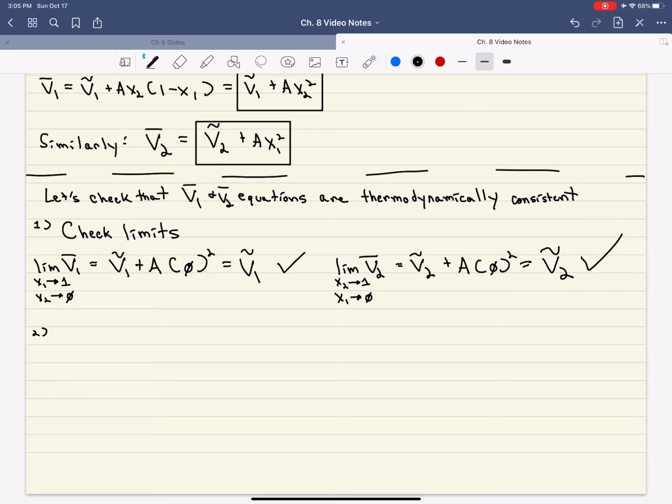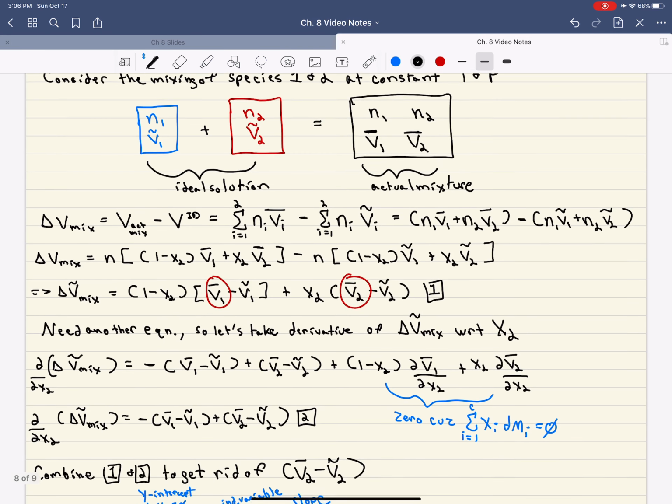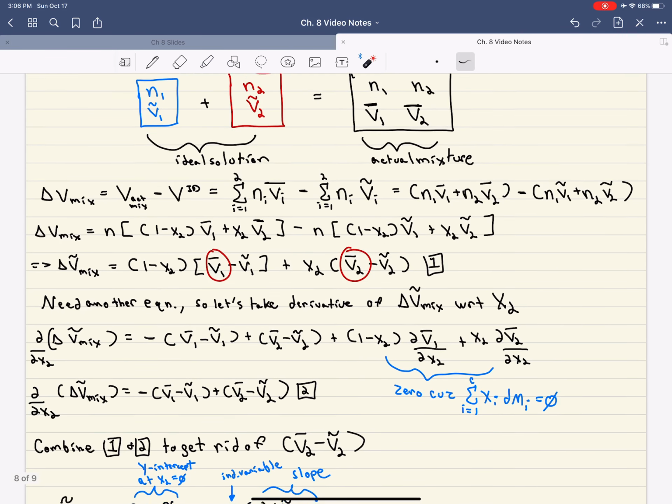The next thing is we need to check the additivity, such that the molar volume of the entire mixture needs to be equal to the sum of xi vi hat.